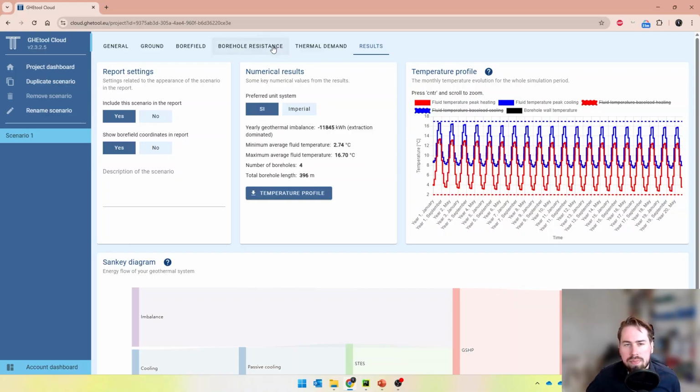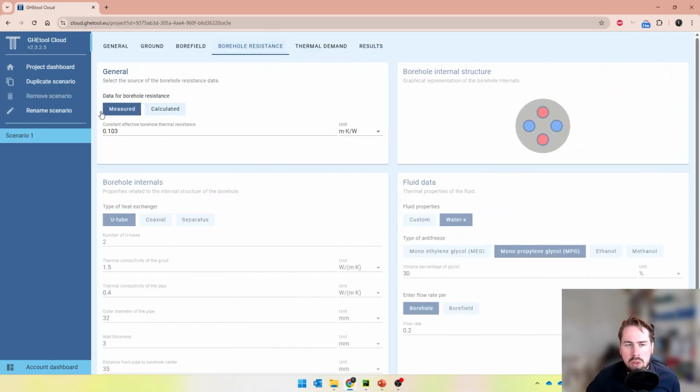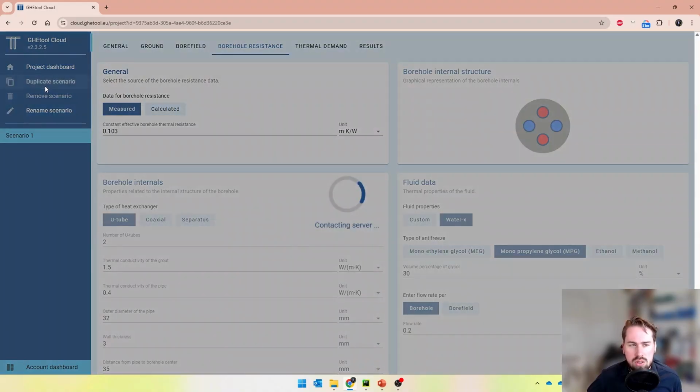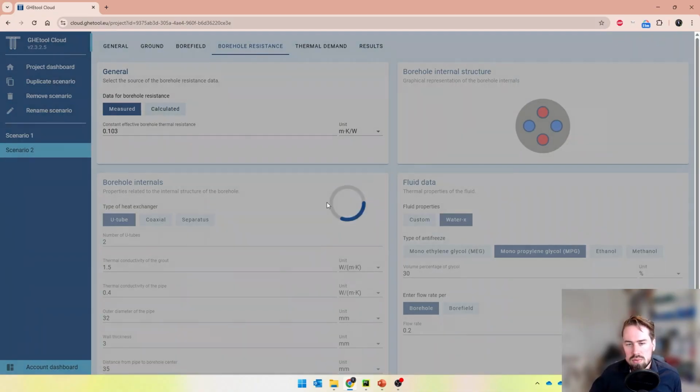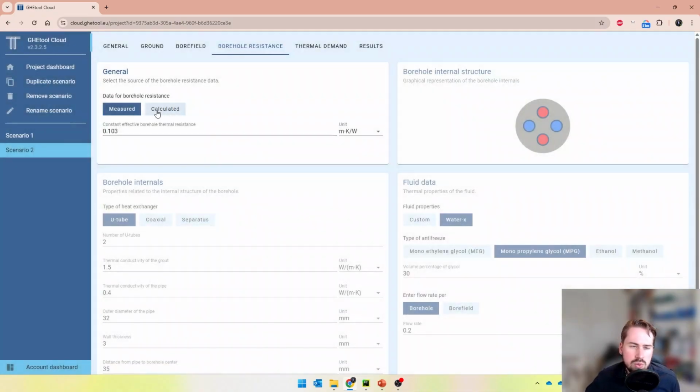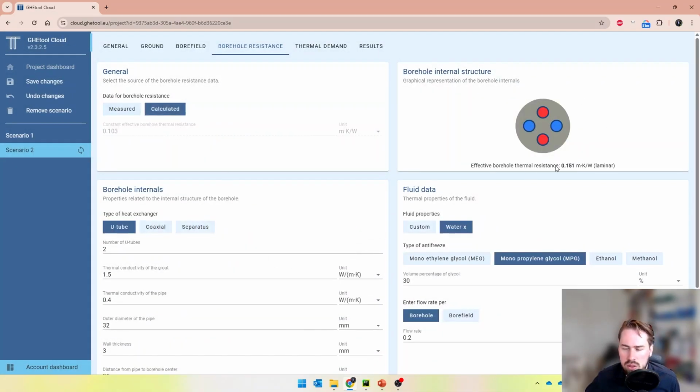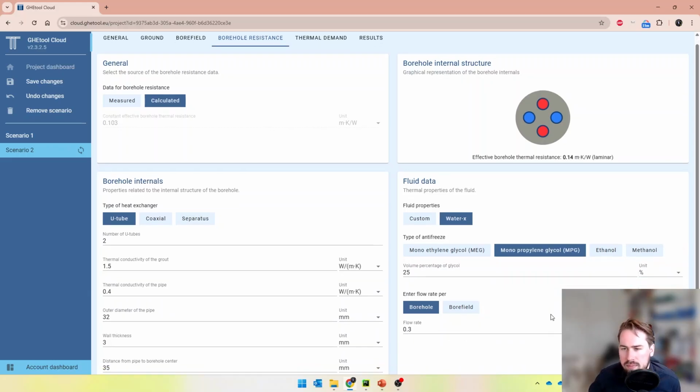But now, what we said is, well, we have measured this borehole thermal resistance, but in reality, we will have antifreeze in our system. So let's go ahead and duplicate the scenario and basically say, well, we're not going to measure it, we're going to calculate it instead with a double U-tube, 25% of glycol, let's say, and a flow rate of 0.3 liters per second.